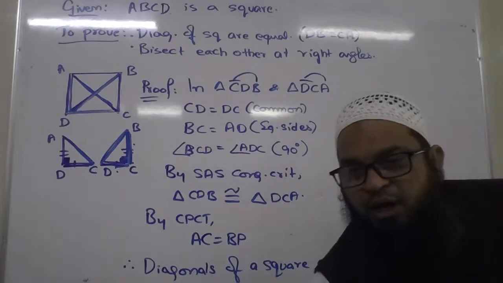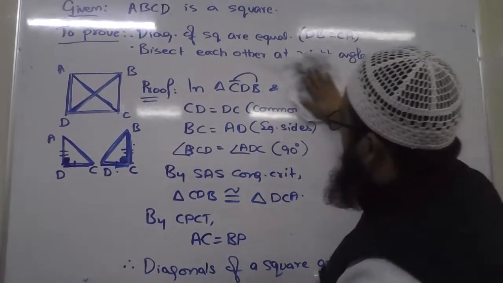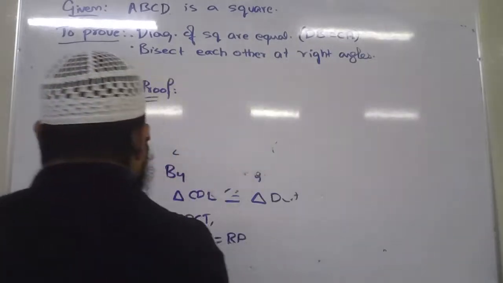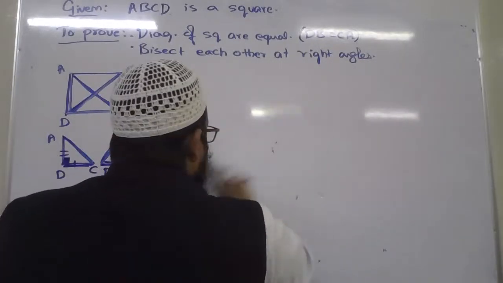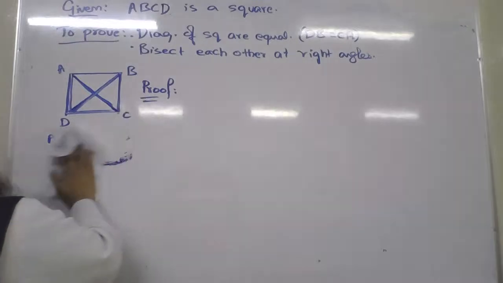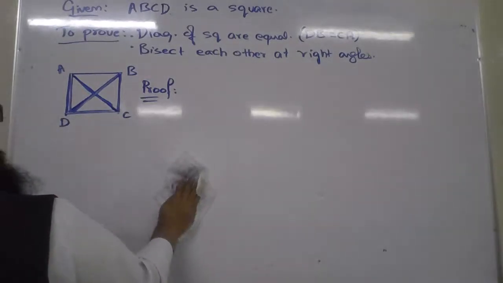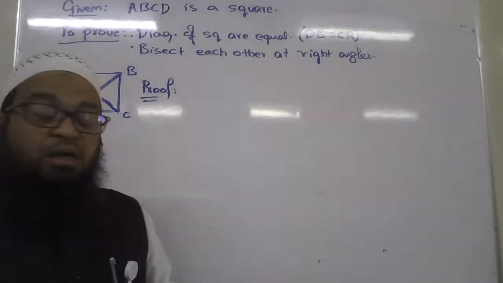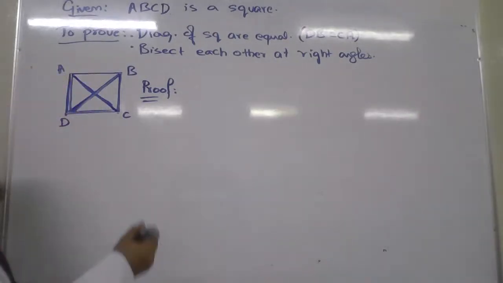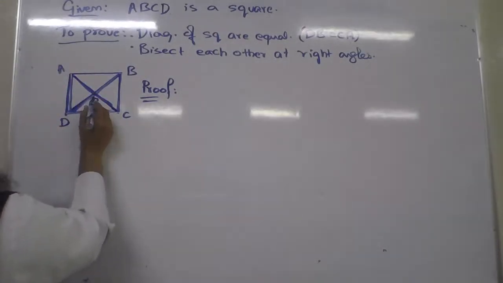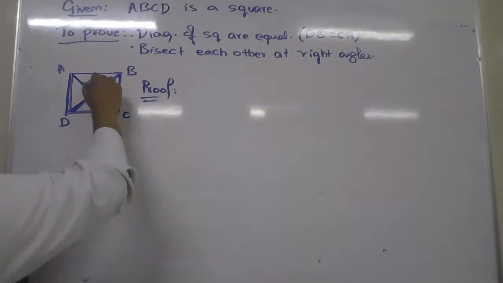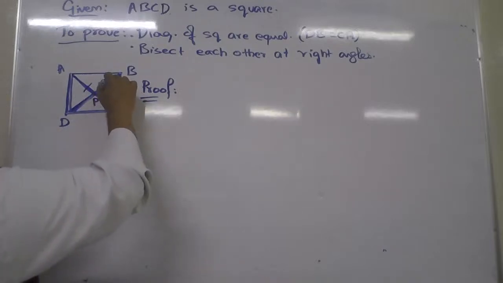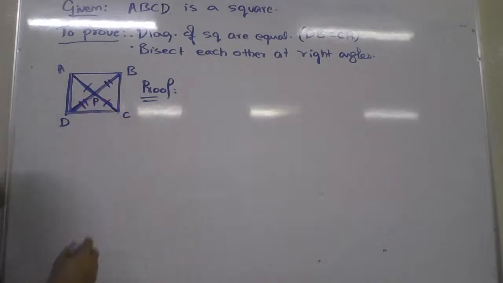Now, I have completed the first part. So let us see the second part. What is the second part? The second part is that they bisect each other. Bisect each other means what? If they are intersecting at point P, you have to prove that AP is equal to CP and also BP is equal to DP.